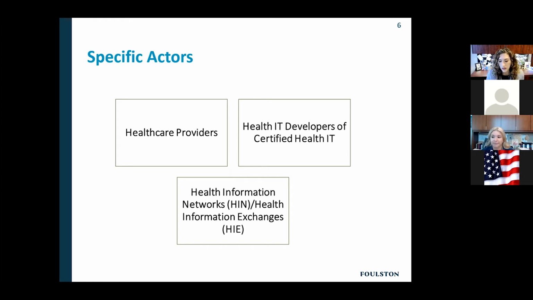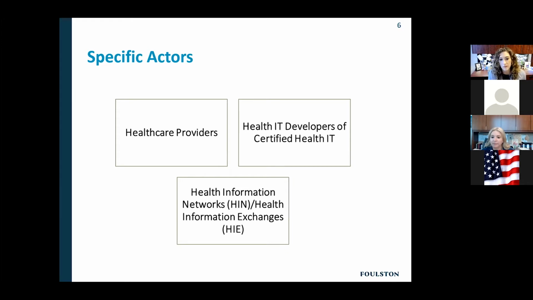The actor has to be a healthcare provider, a health IT developer of certified health IT, or a health information network or health information exchange. Originally, to the extent any of you followed the rule from its beginning to end, we started out with 4 different definitions.